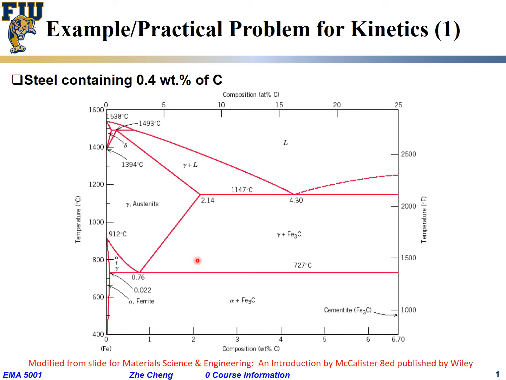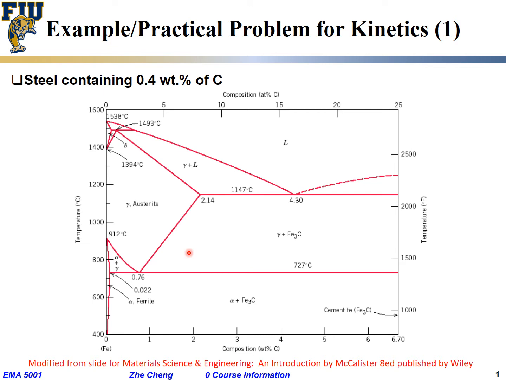If you eyeball it, it will be the horizontal line crossing this phase boundary. That gives you roughly 1 weight% of carbon in iron.